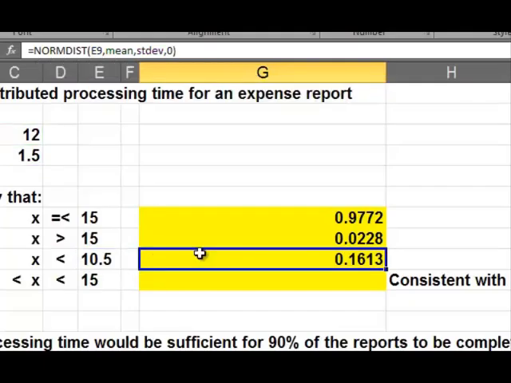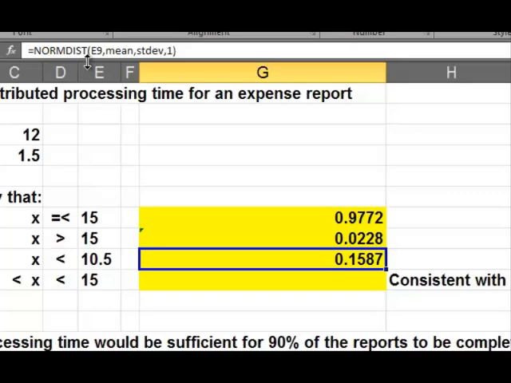But when I do this in Excel, I get a number that is not 0. It turns out, if you look up the help behind the normdist function in Excel, that because they know that the probability of being exactly at 10.5 is 0, they decided to give you a bit of flexibility there. So if you put a 0 in for the cumulative flag, it returns not the area under the curve, not the probability, but the height of the curve at that point, which is something called a probability density.